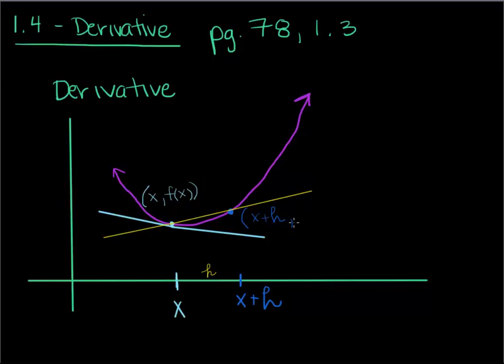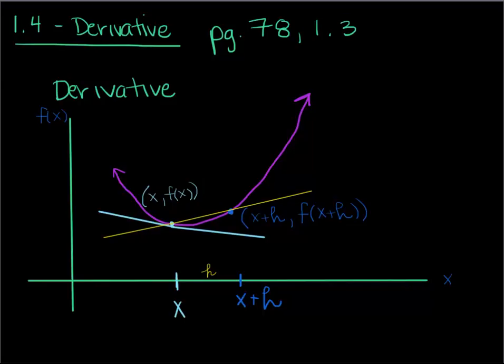And what is my y coordinate? Well, how do you find your y value? You just evaluate the function at x plus h. Down here, this is my x-axis, this is f of x. Sorry, I should have defined that before. So this is my first point, this is my second point. Again, this is just my x, and these correspond to each other: x plus h. This is my x, and then the y values.